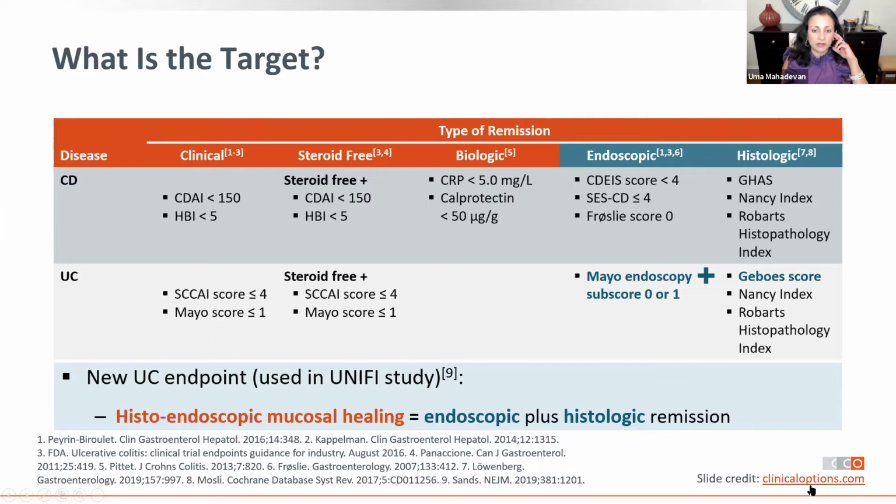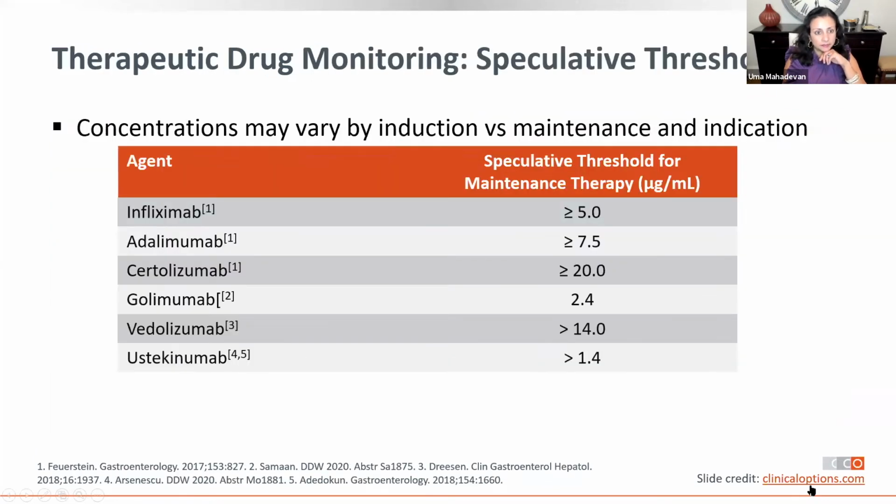Most of the time, that may be going from 2.4 to 4.8 of mesalamine or optimizing their biologic. I would be cautious about completely changing their biologic or adding a biologic in that setting, but everything is patient-based. But just so you know, in the clinical trials, histoendoscopic mucosal healing has become the ultimate endpoint.